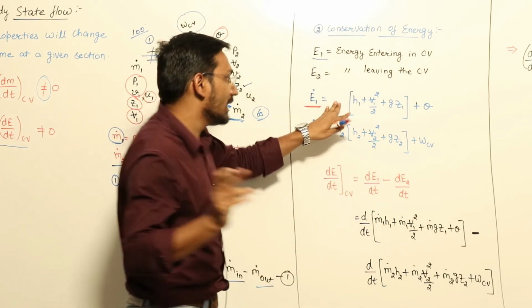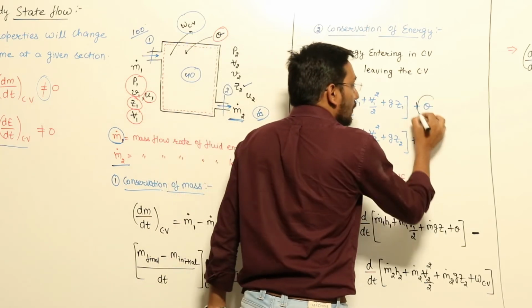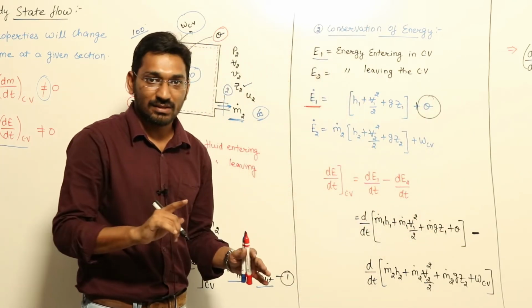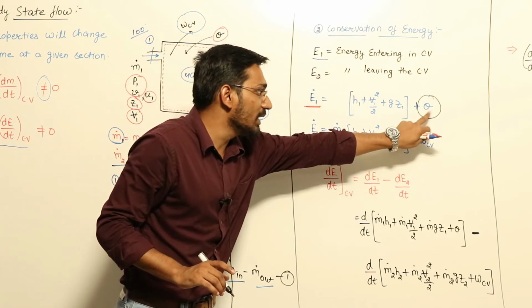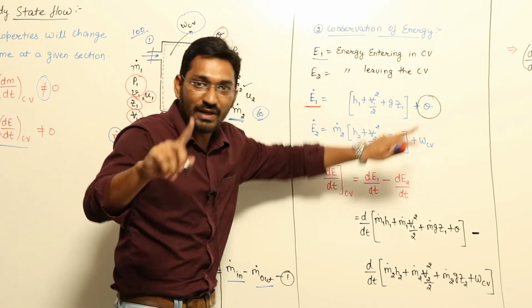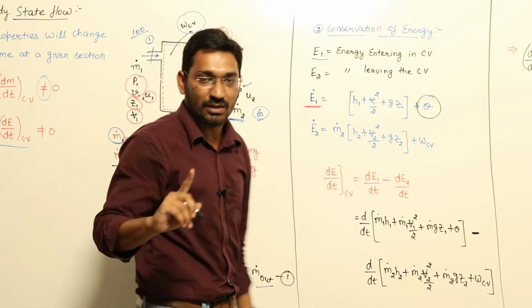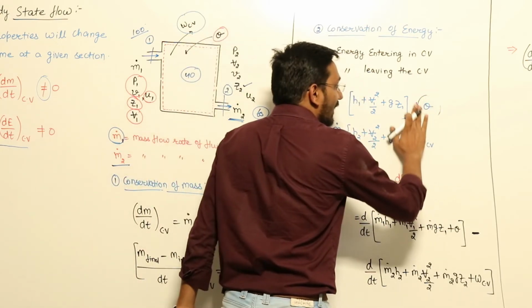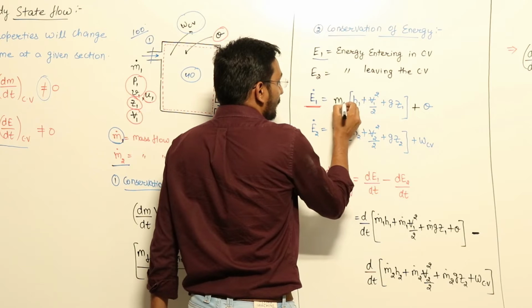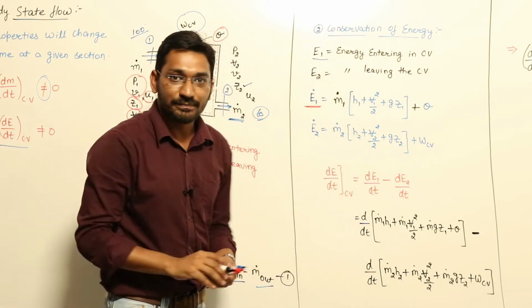So I told you there that this q is heat added per unit mass, so the unit of this q must be kilojoule per kg if we are using that steady flow energy equation. Now in this we are writing m dot 1 here, m dot 1 here.